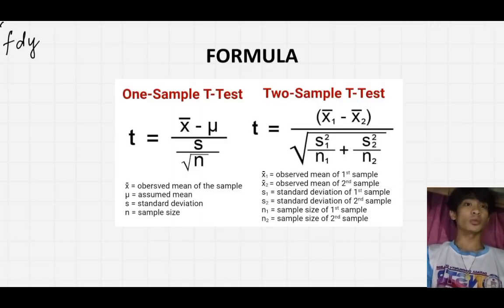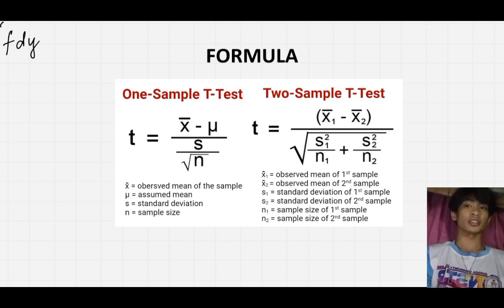After determining what a t-test is, now let us look at the formulas. Here, we have two formulas, one sample t-test and two sample t-test. For the one sample t-test, t is equal to the observed mean of the sample minus the assumed mean over the standard deviation divided by the square root of the sample size.